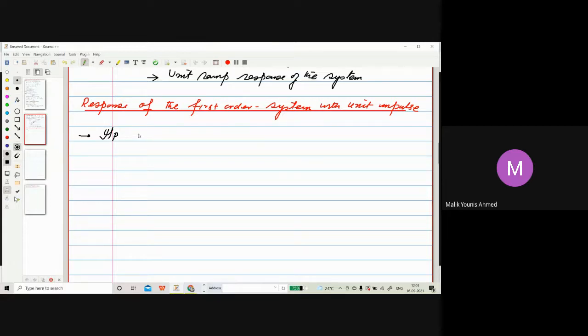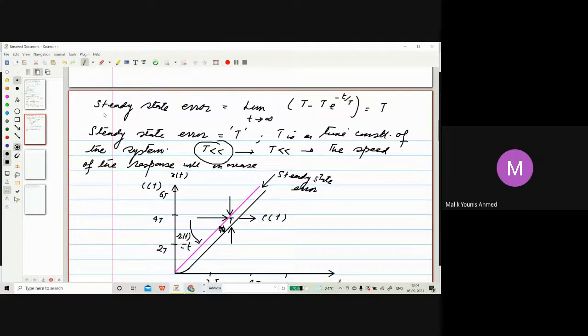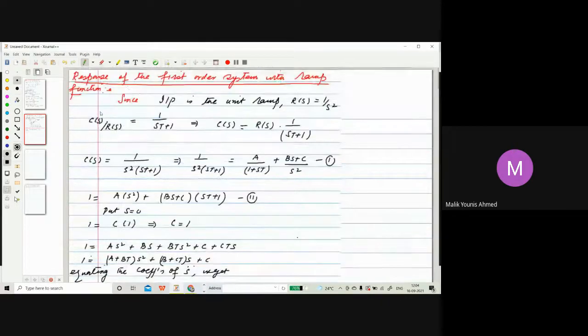Input is unit impulse function, and that is R of s in the S domain equal to 1. That we know. We are continuing with the same, substituting the same input here.